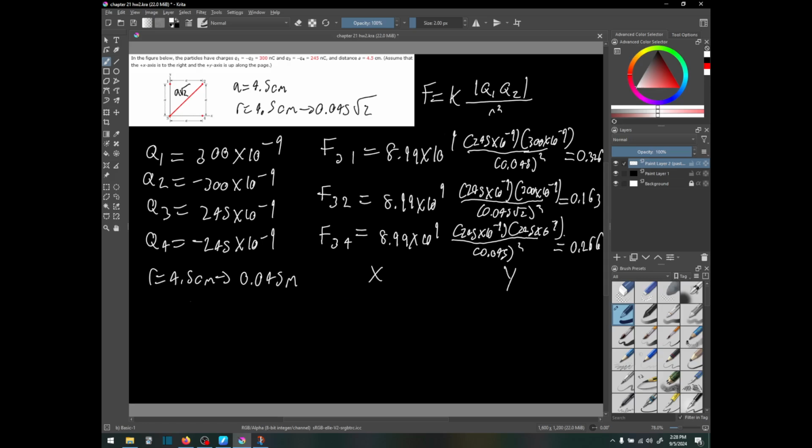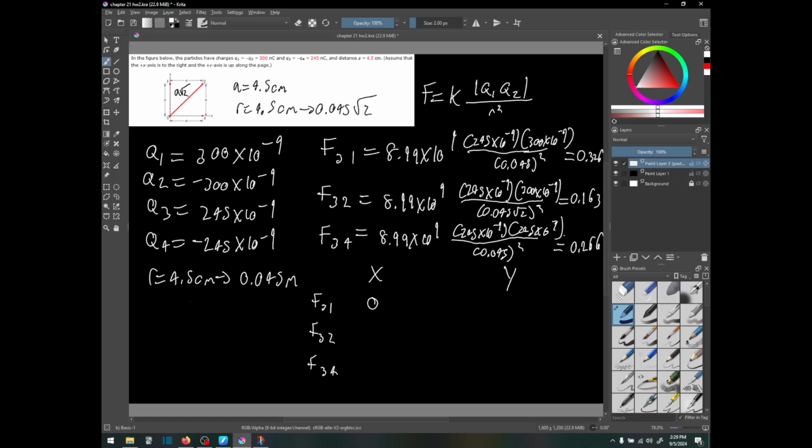Let's list these out: F31, F32, and F34. For F31, we have nothing acting in the x direction, it's just along y.